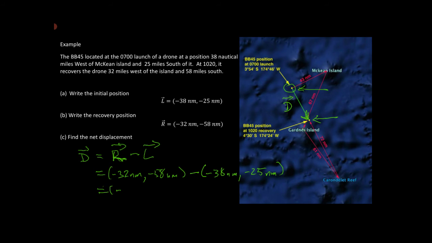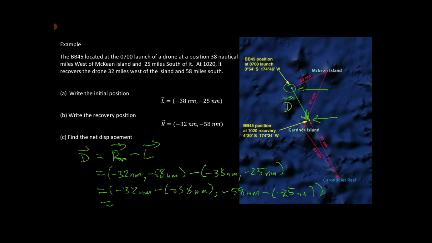So we have minus 32 nautical miles minus 38 nautical miles in the x component. And then in the y component, we have minus 58 nautical miles minus 25 nautical miles. Okay, so we just do the subtraction component-wise.